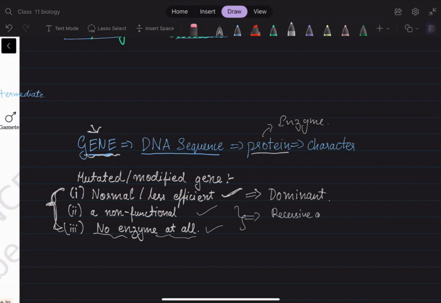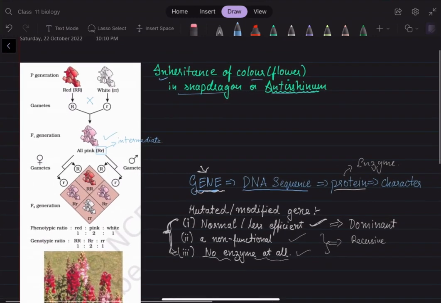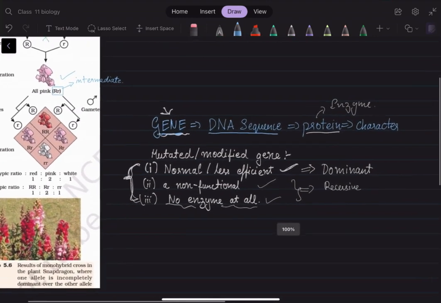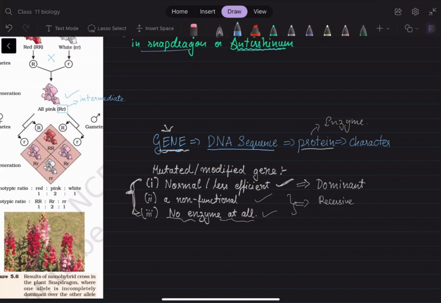Why is that? Let us say, suppose the color itself. We saw there was red and white. In the case of red color, we know that a pigment is being produced by some protein, through a DNA sequence, through the gene.